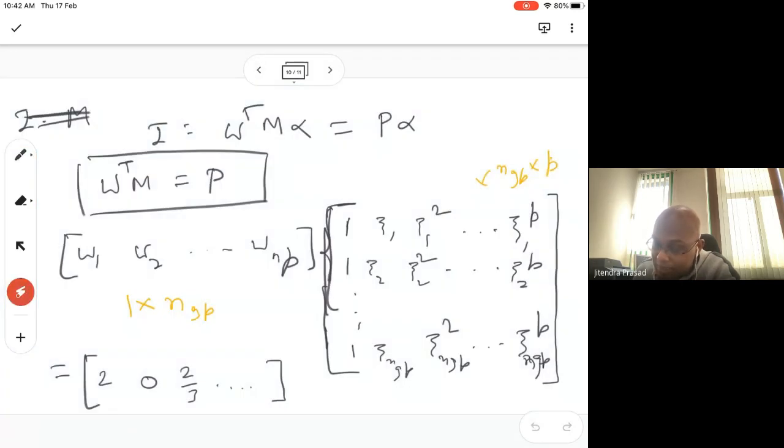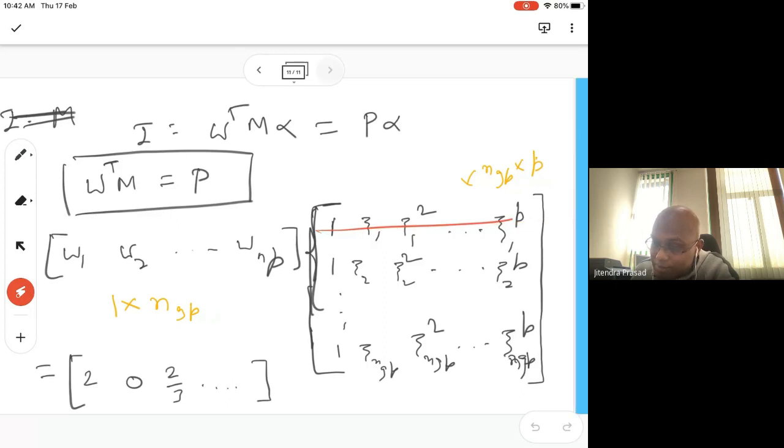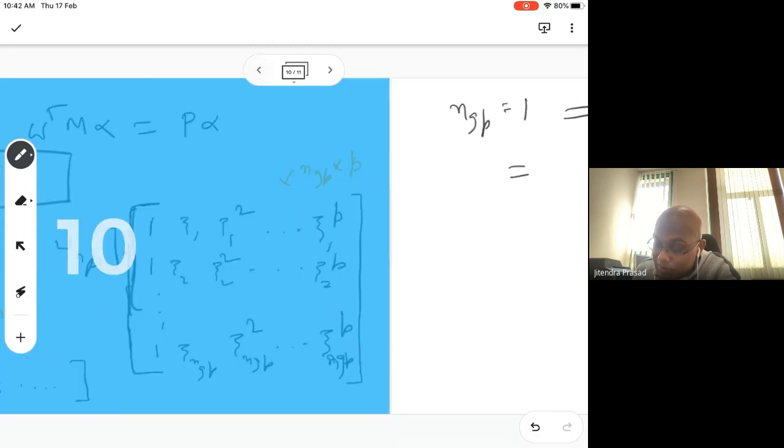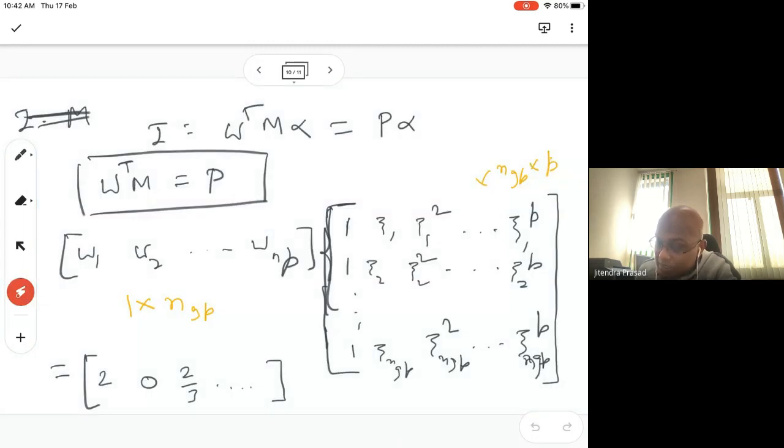Then next is this. ngp is only 1, so that means there will be only one row. We will have 1, zeta 1, zeta 1 squared, up to zeta 1 to the power p, right, equal to this, guys.